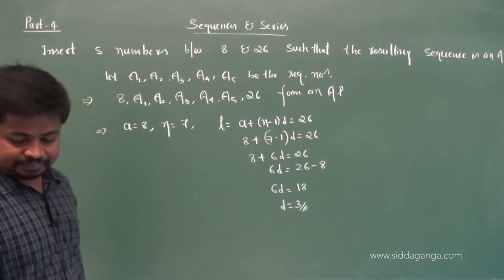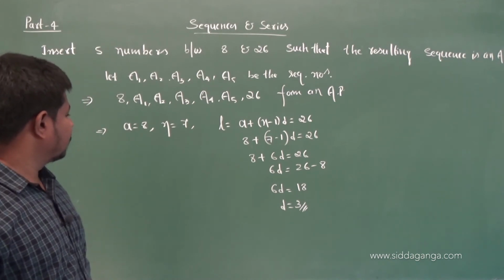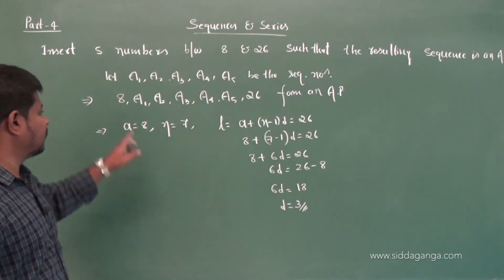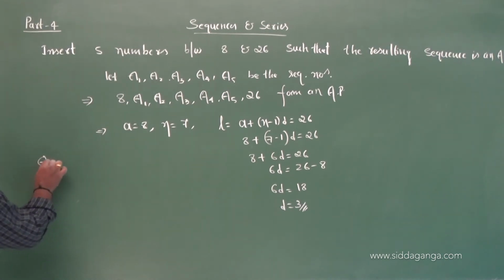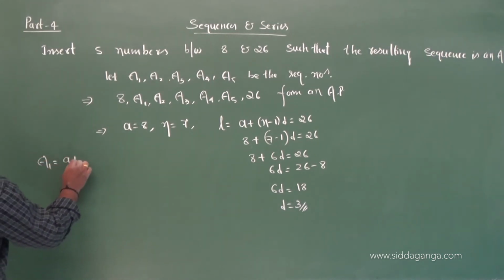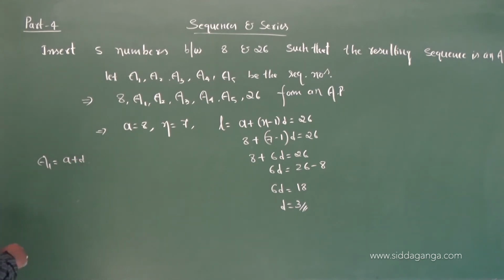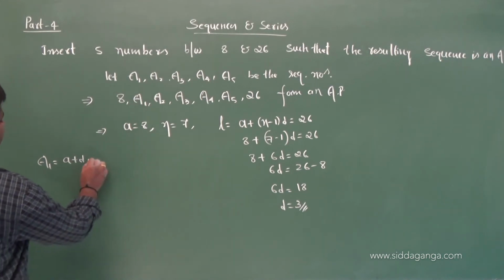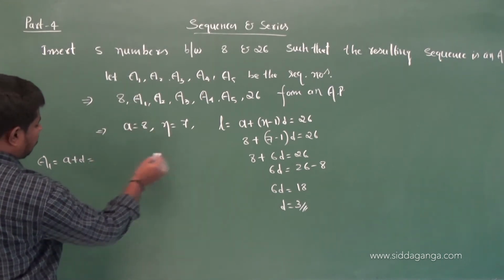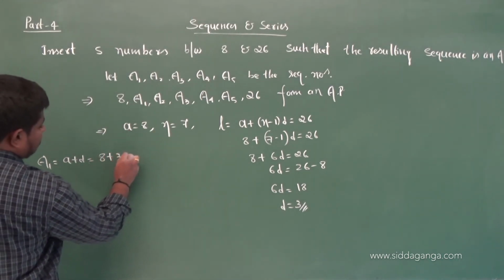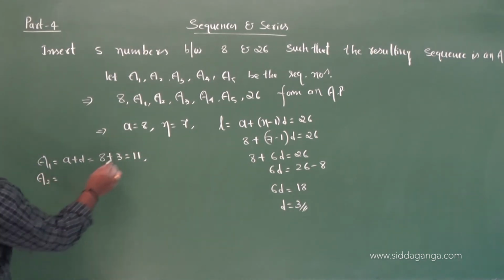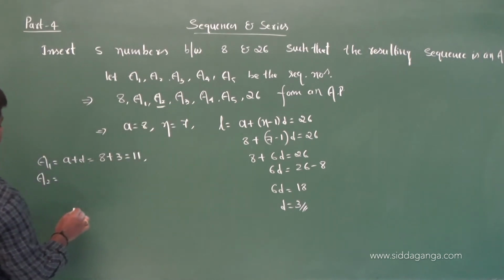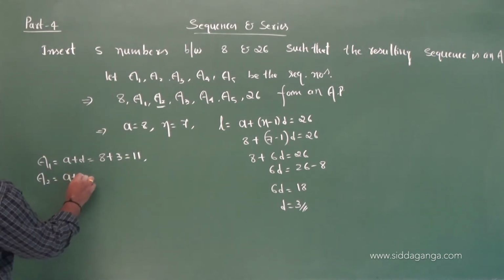Simple. Now A1 is given by what? A1 becomes second term, right? This is first term, A1 becomes second term. Therefore, A1, second term of AP, is A plus D, right? A plus D, that is what? A is 8, 8 plus 3, that is 11. Next, third term means A plus 2D.